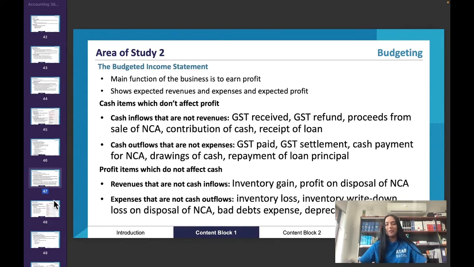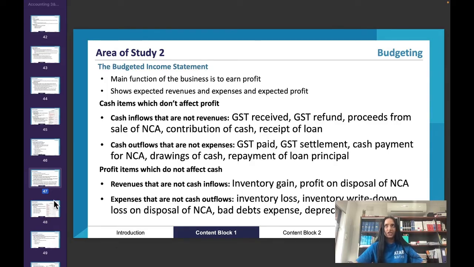Okay, moving on. Our budgeted income statement shows the expected revenues and expenses and thus the expected profit or loss. It's important that you're aware of which items affect cash but not profit and which items affect profit but not cash. And that goes back to the topic that you did earlier this year called profit versus cash. So understanding that profit and cash are separate performance areas of the business.